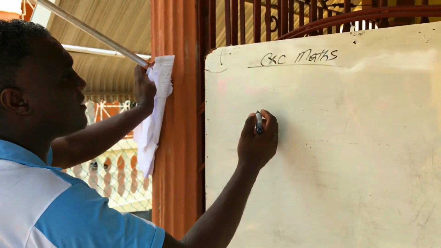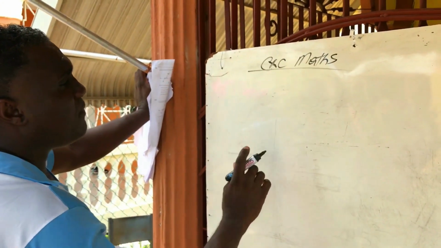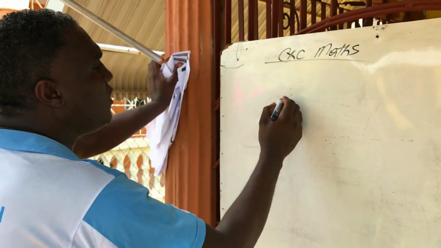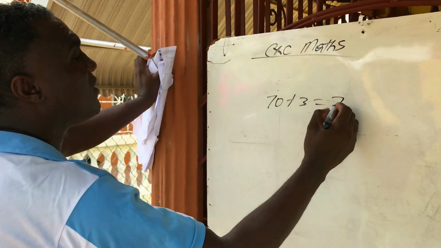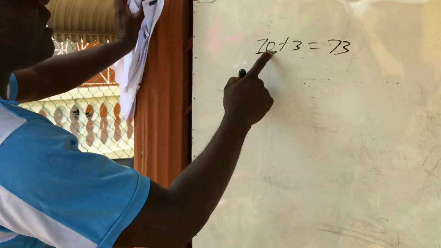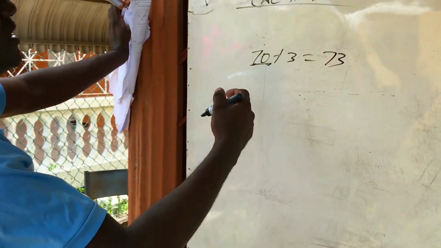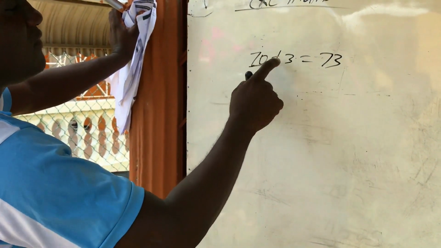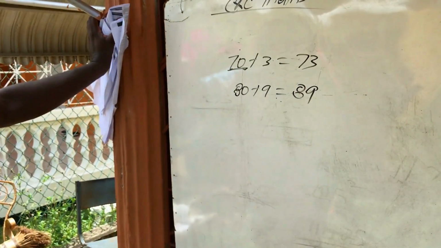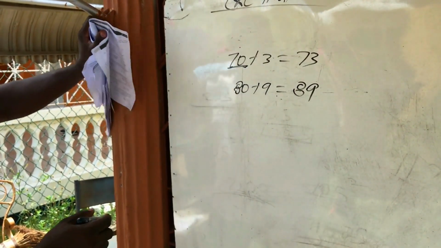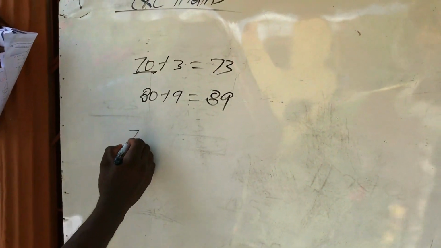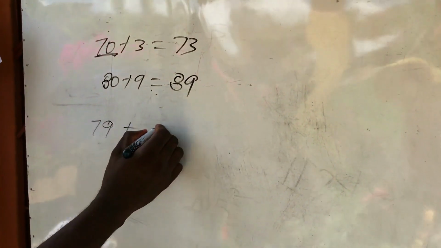Okay, CXC students, some of you basically have a problem with adding even in your head. Now we know that 70 plus 3 is 73. So 70 here is a multiple of 10. So any multiple of 10 along with a single digit, you basically just join them. So 70 plus 3 is 73. 80 plus 9 we know is 89. Now the issue arises whenever you have something like, say, 79 plus probably 8.